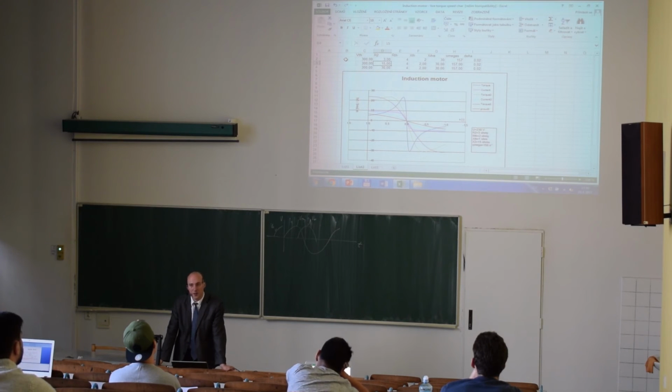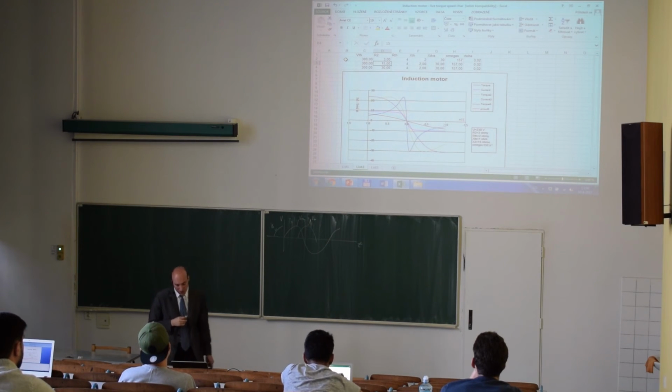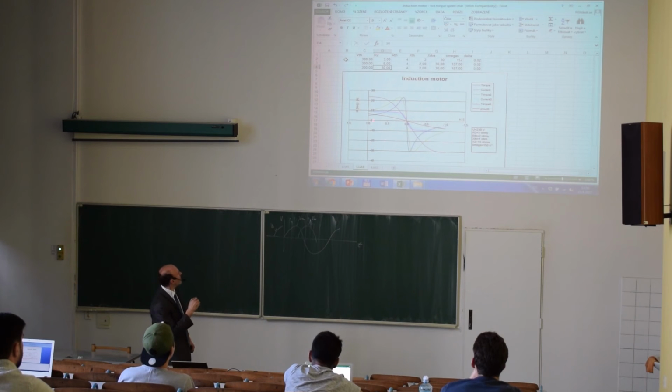See the difference? Here I have increased a little bit the maximal torque, but this has changed the type of the characteristic. Let me probably do this. So now this green line is what was originally the 6, and this blue is what is the 3.